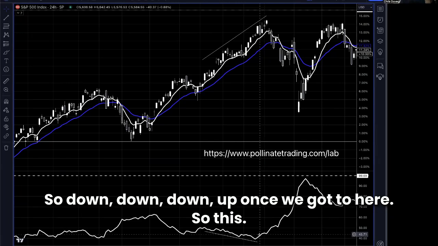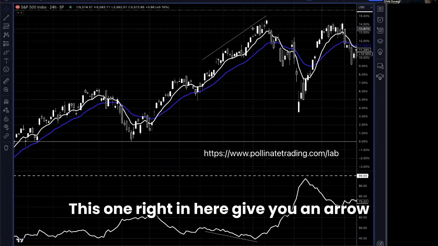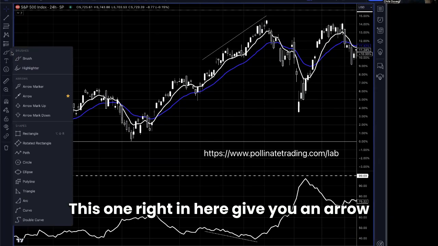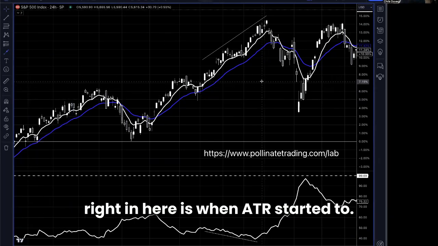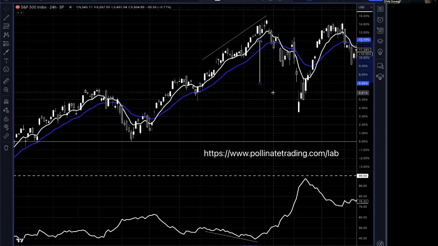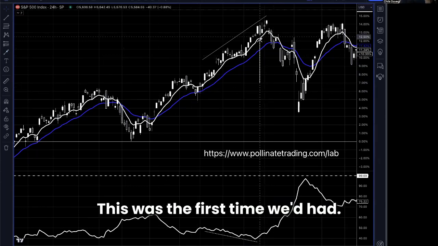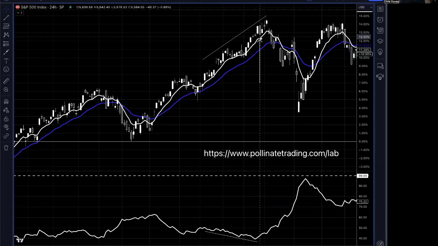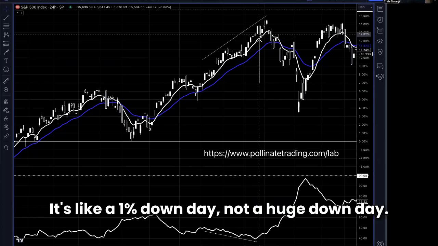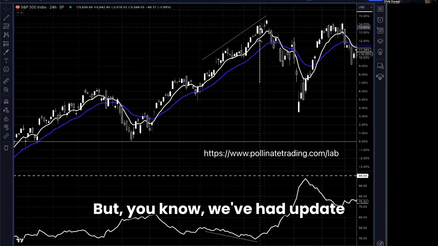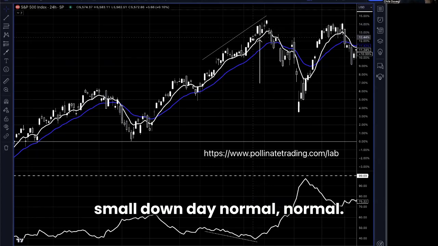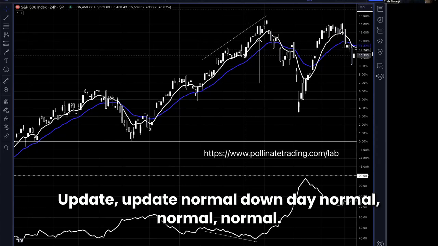Once we got to here, right in here, I'll give you an arrow, this is when ATR started to change things, because that was a big down day. This was the first time we'd had about a 1% down day, not a huge down day, but we'd had up day, small down day, normal, up day, normal, down day, normal.